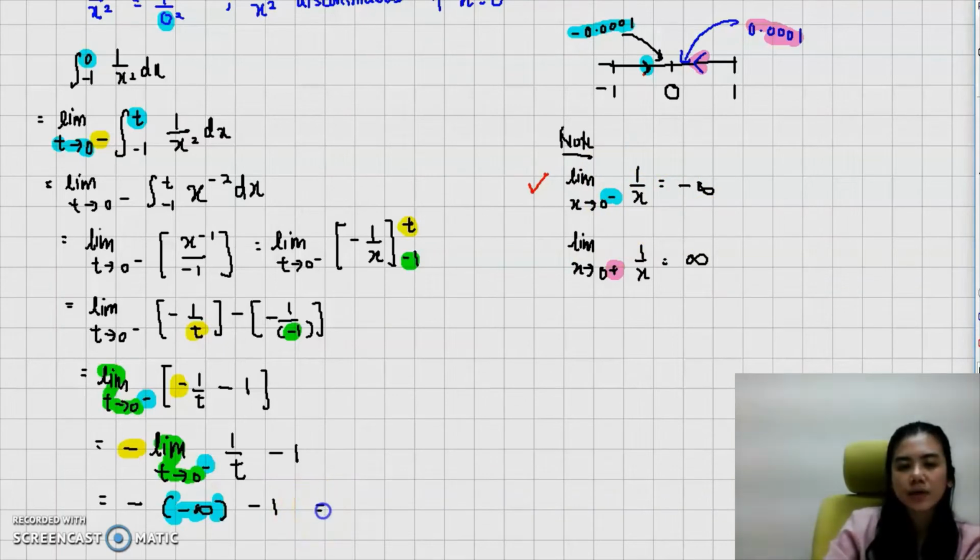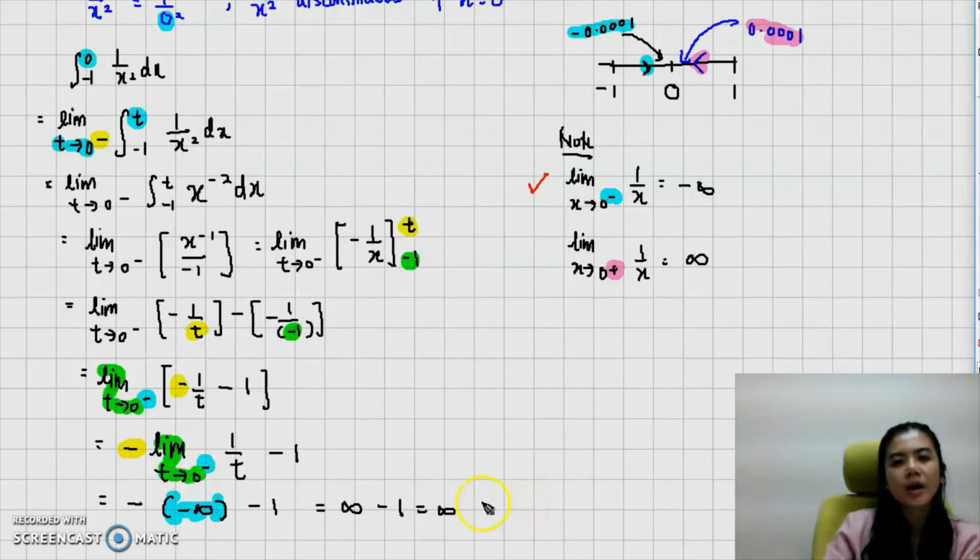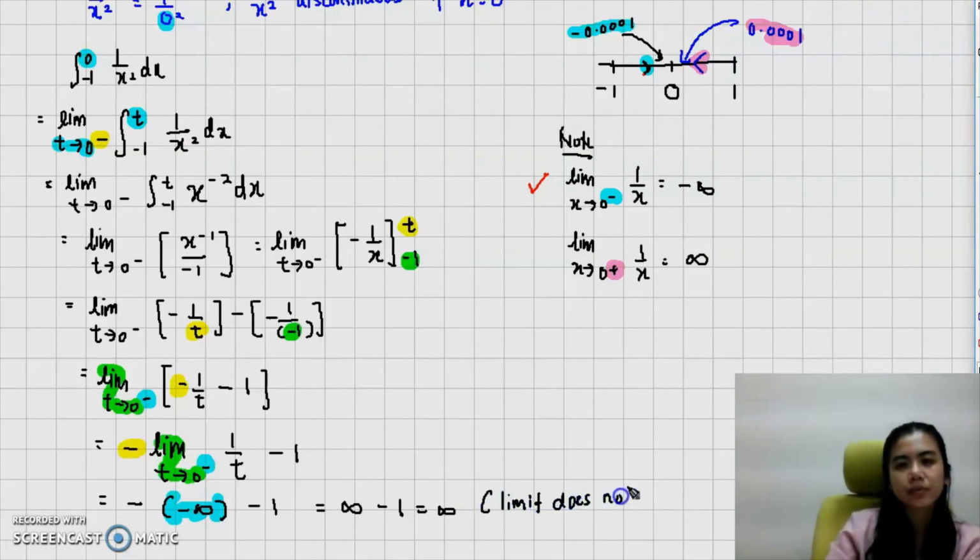A positive infinity minus 1 is still infinity, so you have an answer in terms of infinity. It says that you do not have a finite number as your answer. So we say this limit does not exist, and when this limit does not exist, it is divergent.